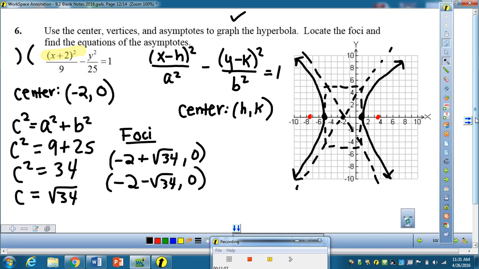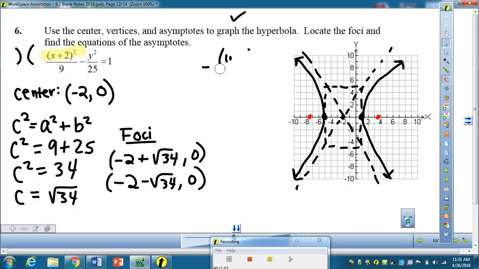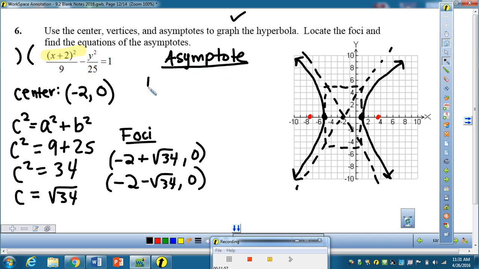Now we're going to get the equation for our asymptotes. Let me just erase some space here. We also want to think about the asymptote equations a little bit differently when it's not centered at 0, 0. When it's not centered at 0, 0, we are going to use this point-slope general form for a linear equation, and that looks like this.